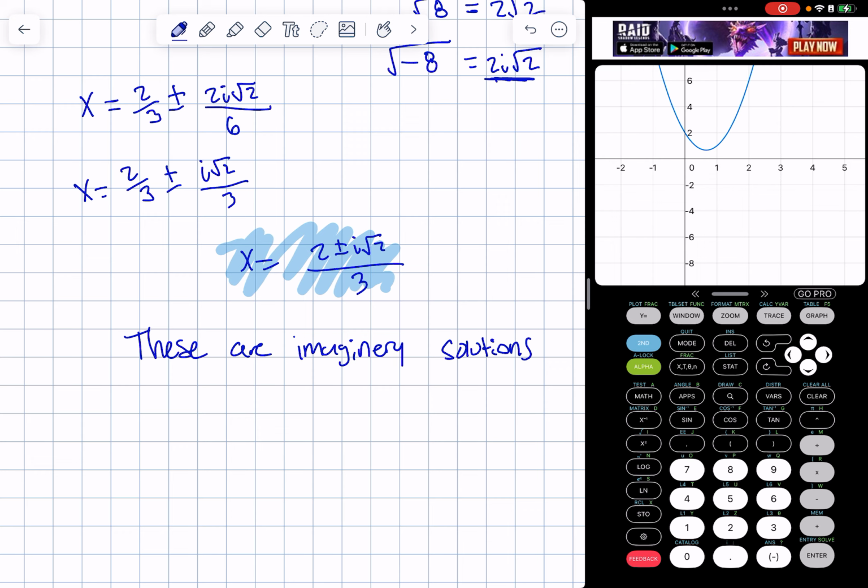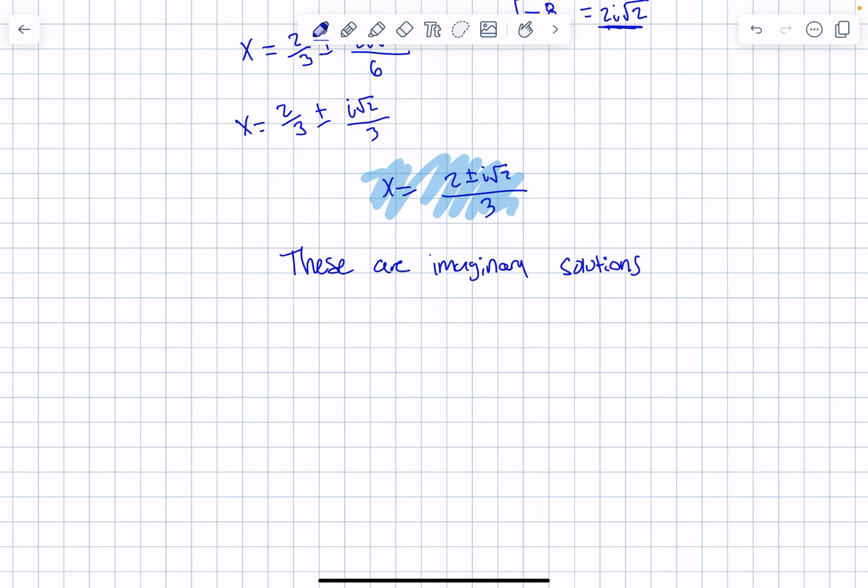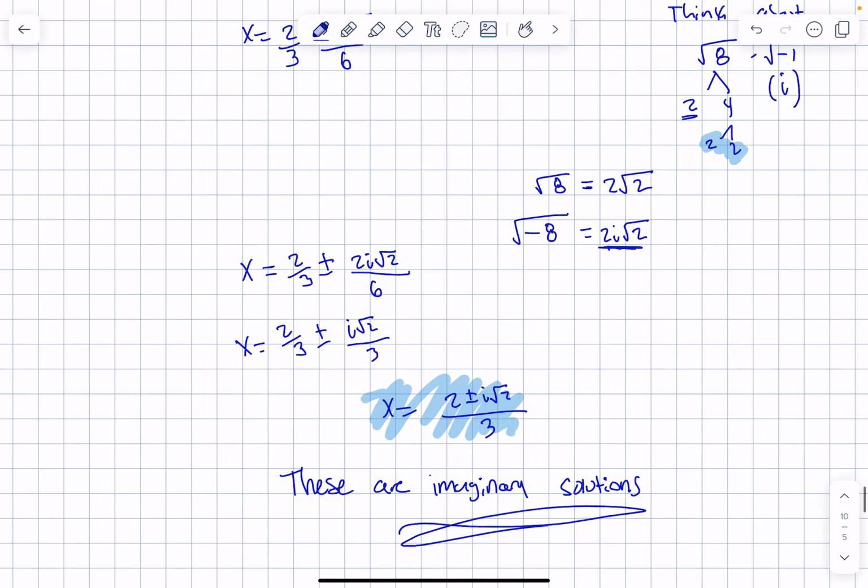Does that kind of make sense? The fact that they're imaginary solutions, so they're never going to actually touch the x-axis. And how do you know that?